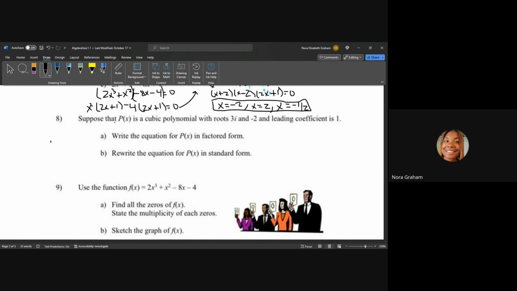So suppose that p of x is a cubic polynomial with roots 3i and -2, and the leading coefficient is 1. All right, this one is a little bit tricky, but it's not that bad.